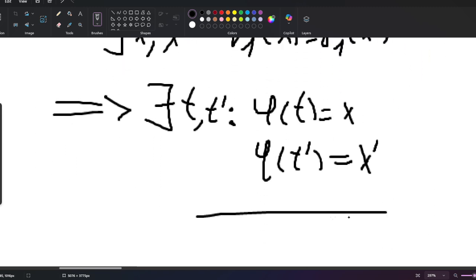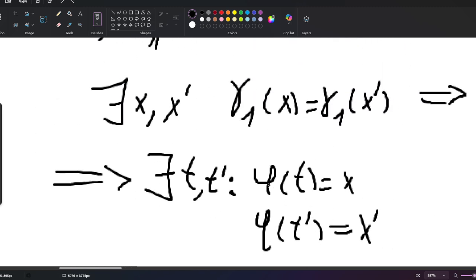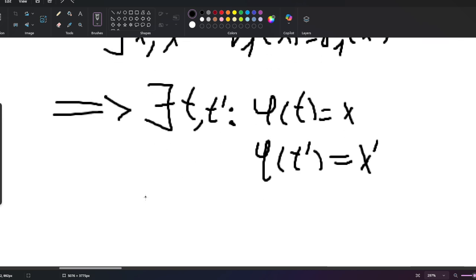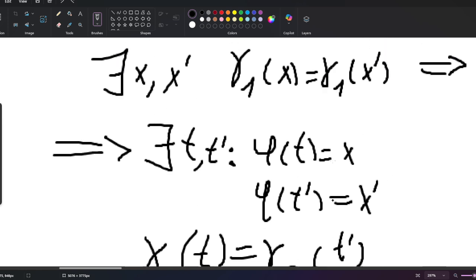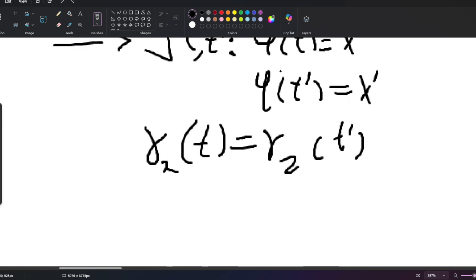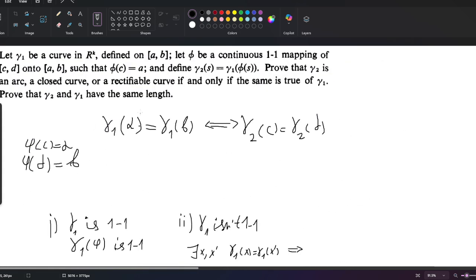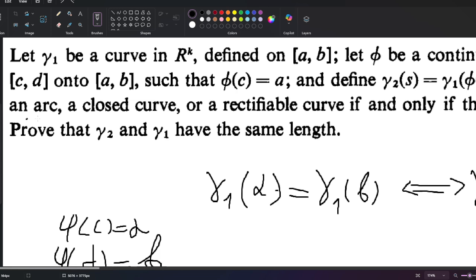So as a result, if we plug in to gamma 2, t is going to give the same value as t prime, because phi would result in x and x prime, and gamma 1 is going to result in the same mapping. Alright, so we have proven the arc part and the closed curve part.